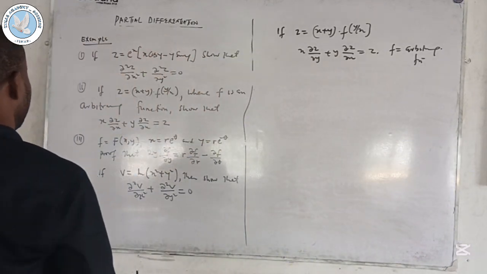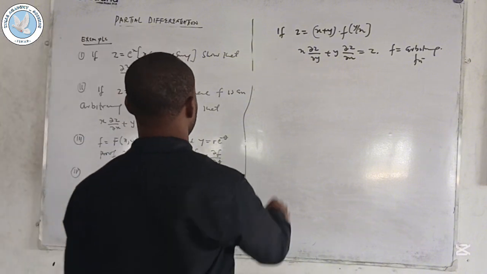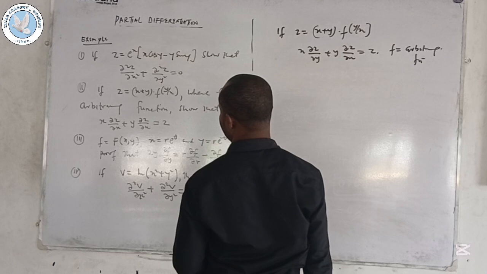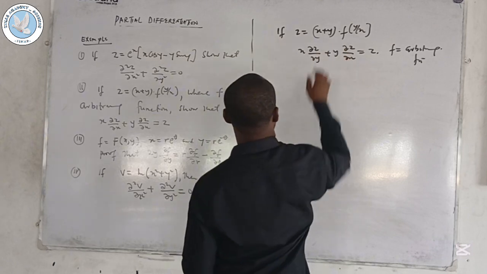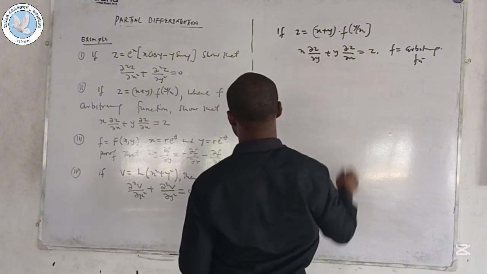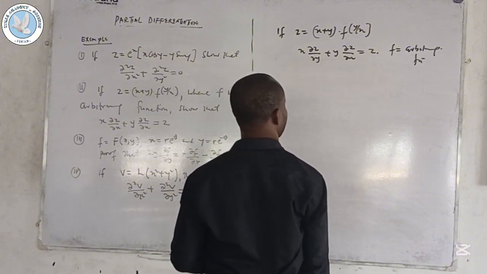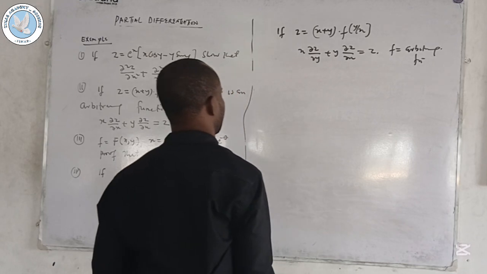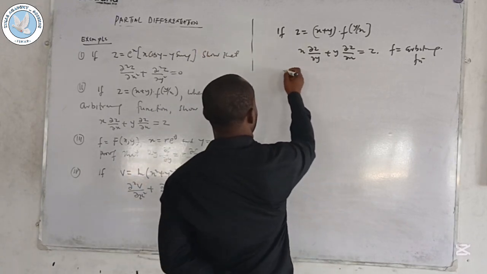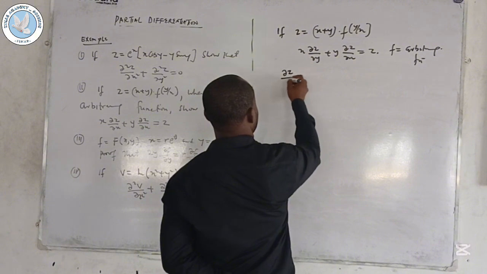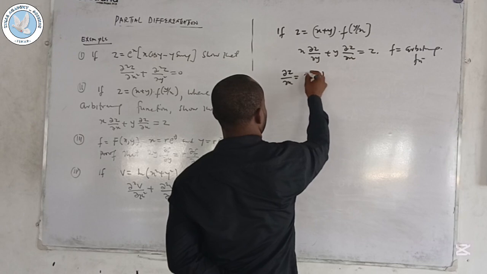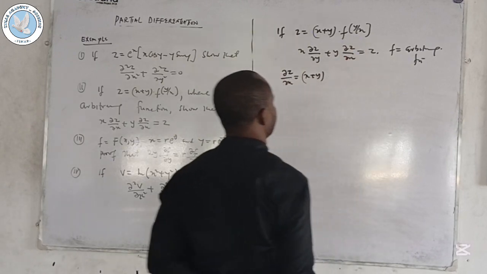So number 2 question is that we are saying that z is given as this, and we have to prove that the addition of this will give us z, where f is an arbitrary function. So at this point, let's do this. We keep this and differentiate that.